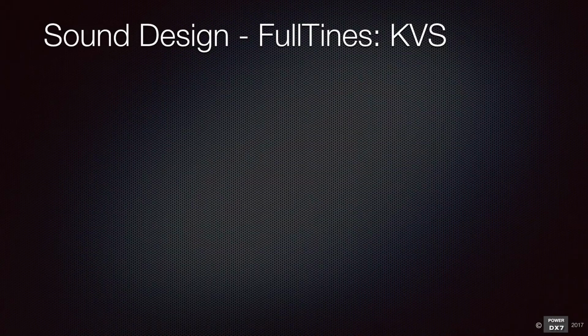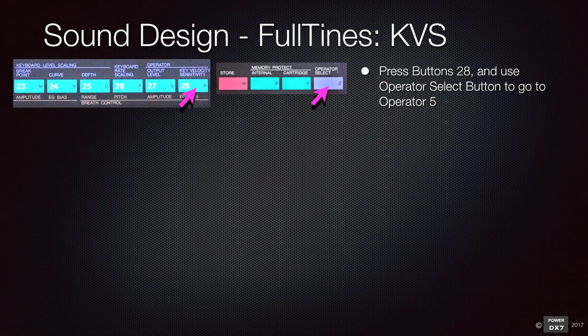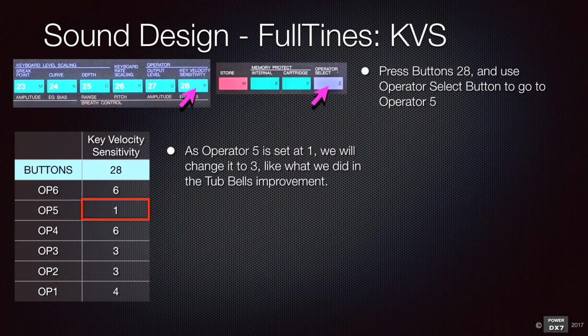We will go through the final step, key velocity sensitivity, to give better expressiveness to the new FullTines patch. Press button 28 and use the operator select button to go through each operator. As operator 5 is set at 1, we will change it to 3, giving better expressiveness with the hammer tone.